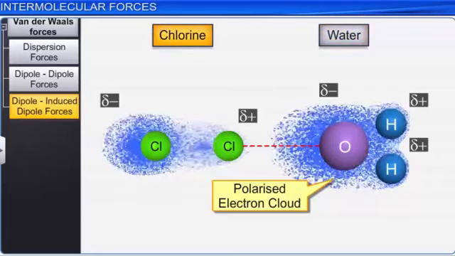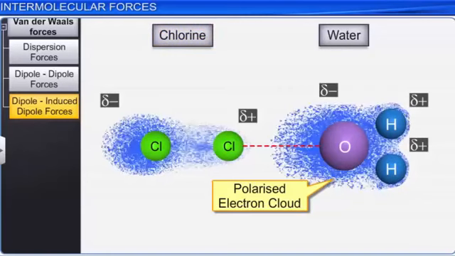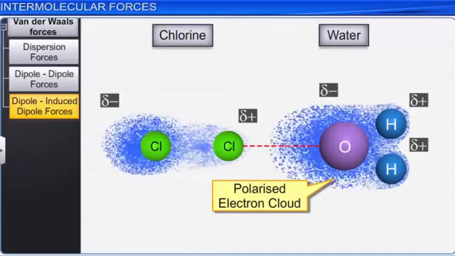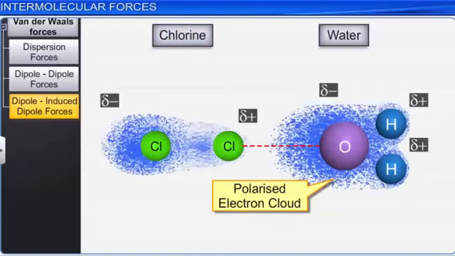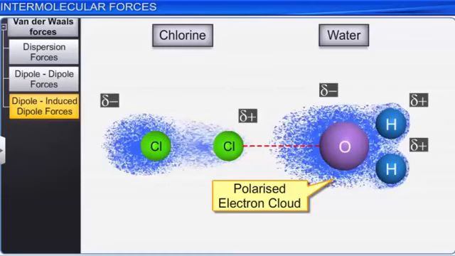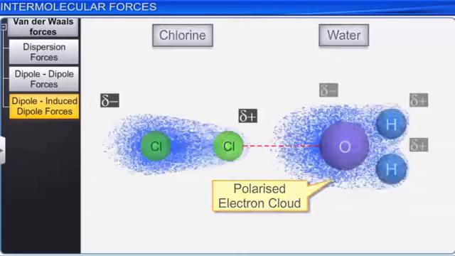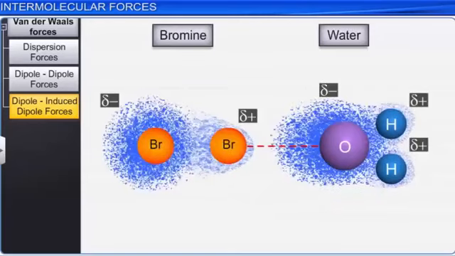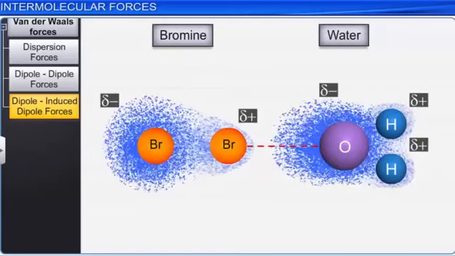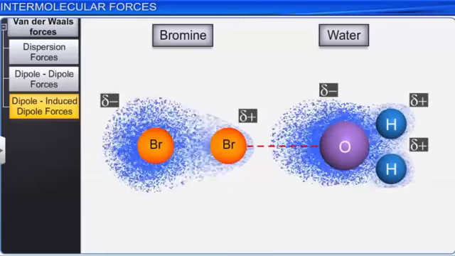The induced dipole moment depends upon the dipole moment present in the permanent dipole and the polarizability of the nonpolar molecule. The larger the size of the nonpolar molecule, the higher is the polarizability, and hence greater is the strength of the attractive interactions.